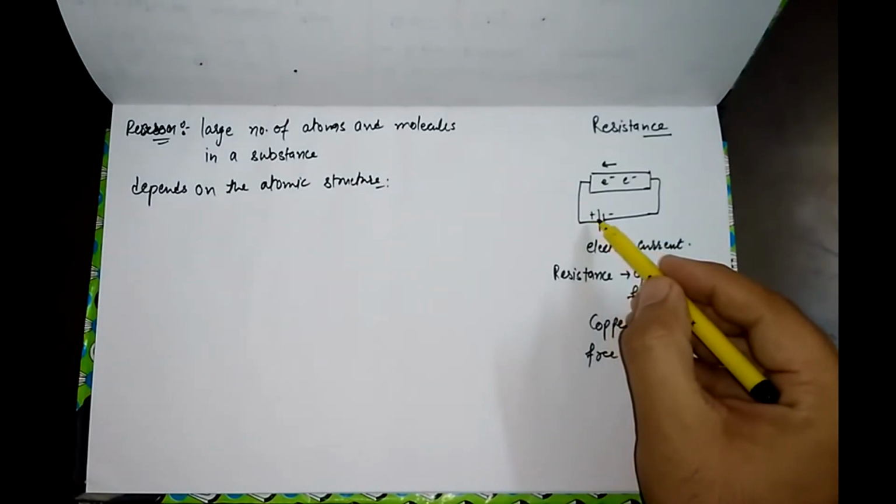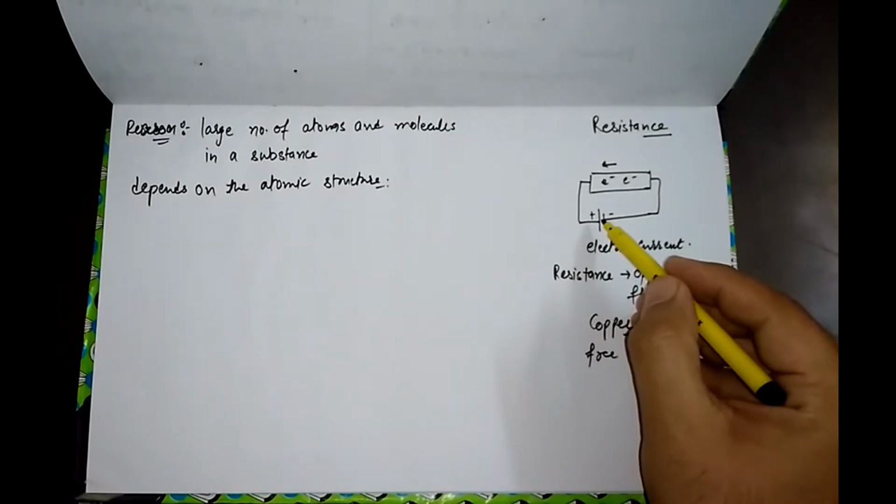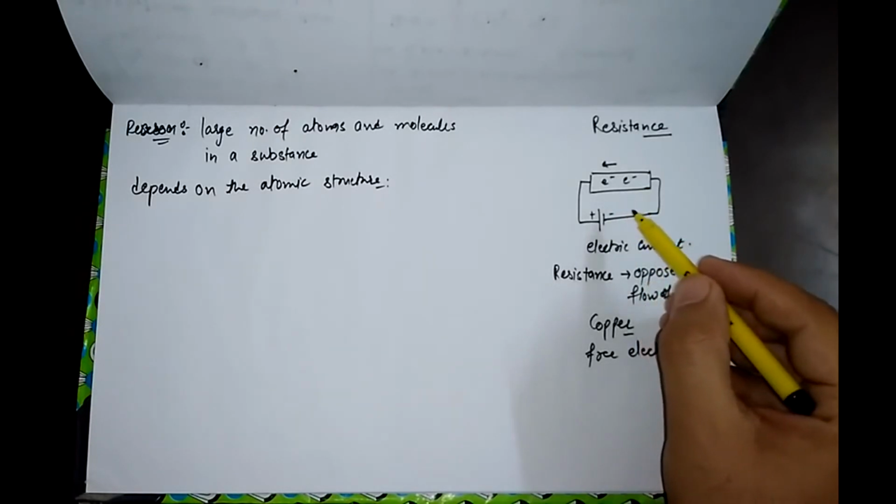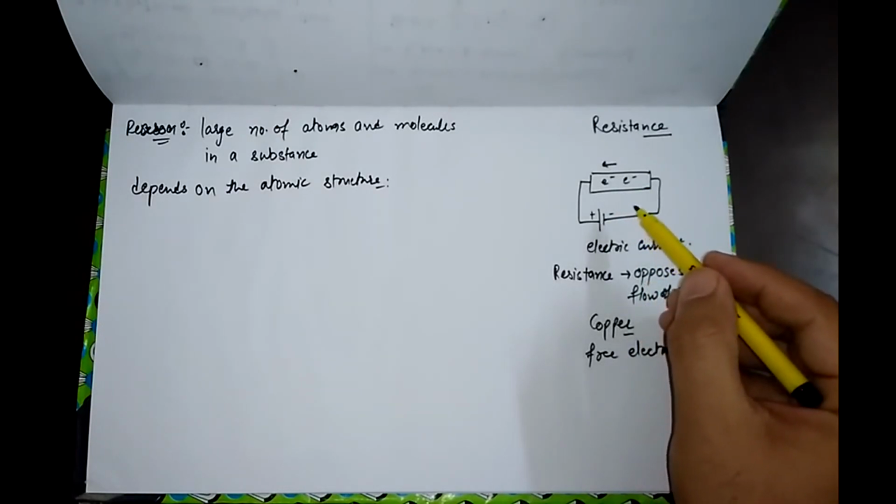So we say that opposition to the flow of electrons is less. It means resistance is less.